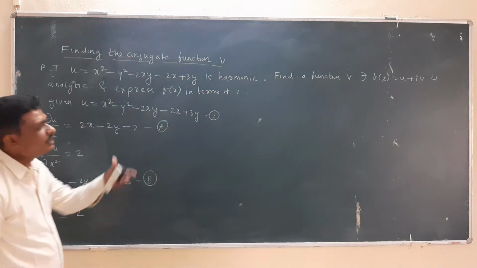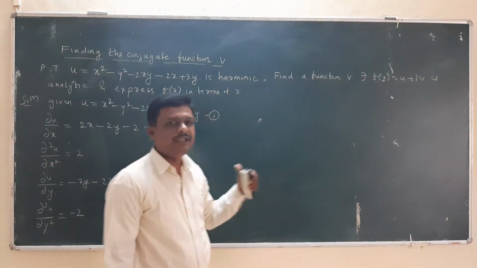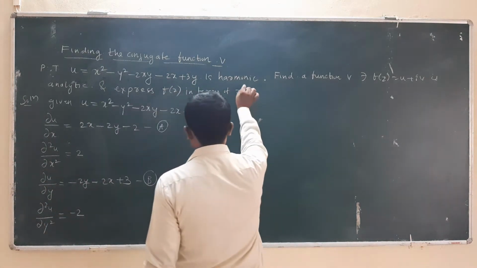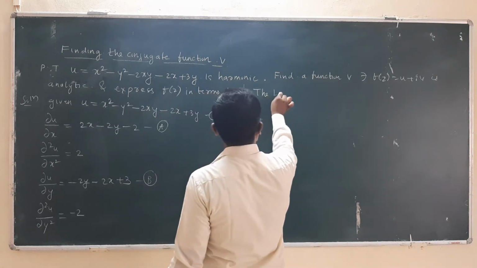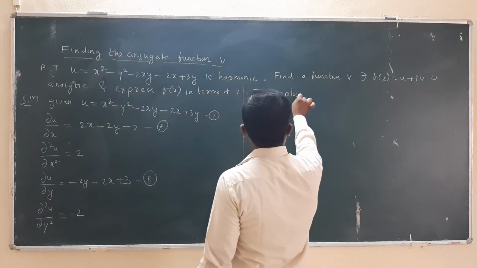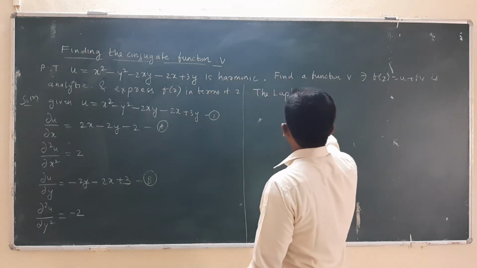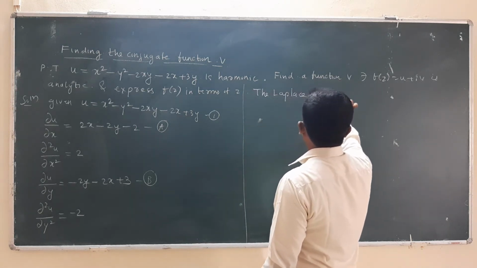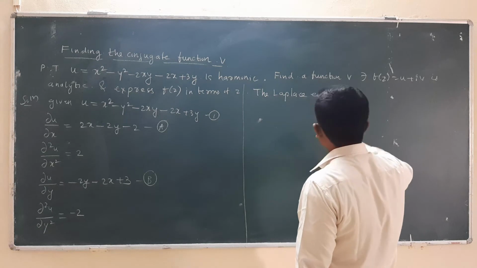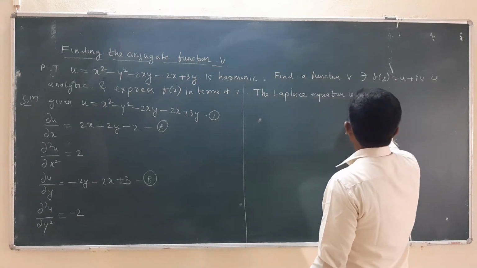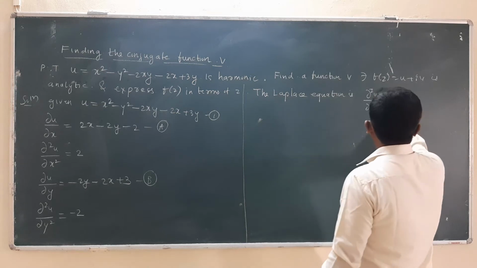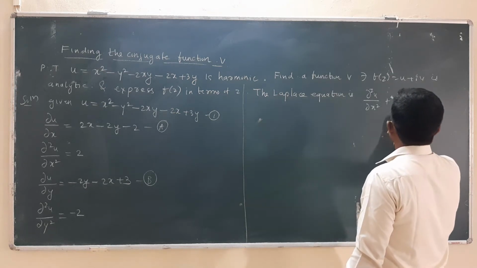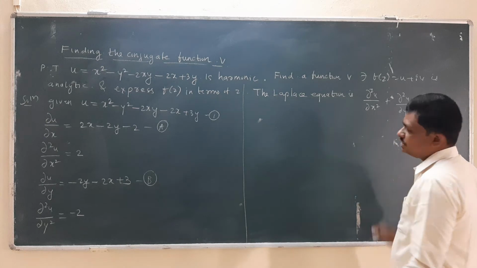To prove the given function is harmonic, we have to verify the Laplace equation. The Laplace equation is dou square u upon dou x square plus dou square u upon dou y square equals 0.